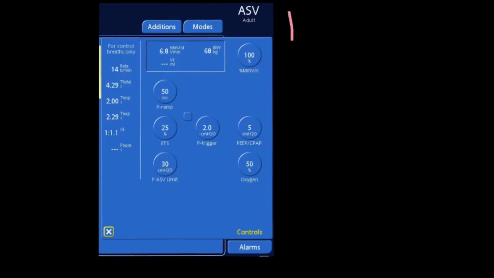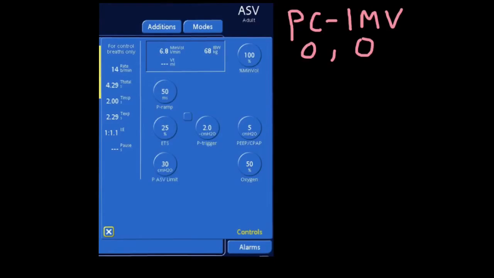If we were to classify ASV in its basic components, it's a pressure control IMV, and then the targeting scheme is optimal for both my mandatory breaths and optimal for my spontaneous breaths.